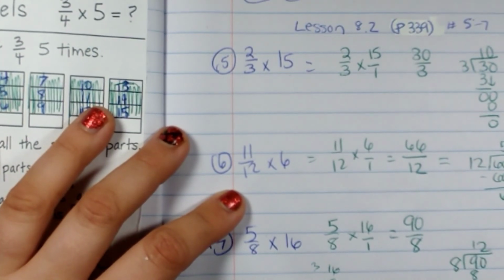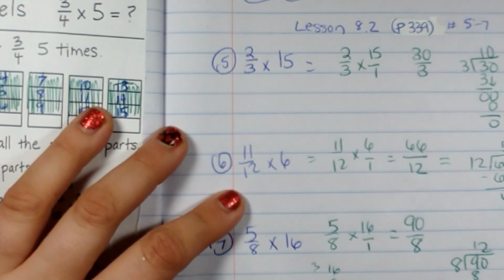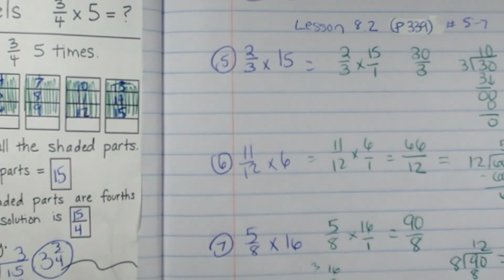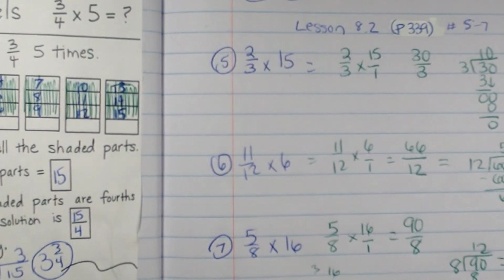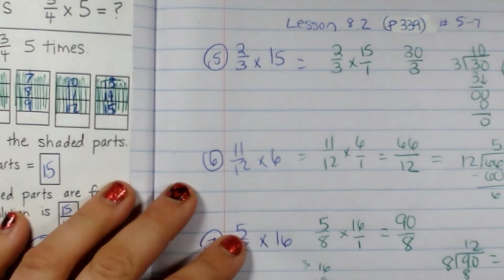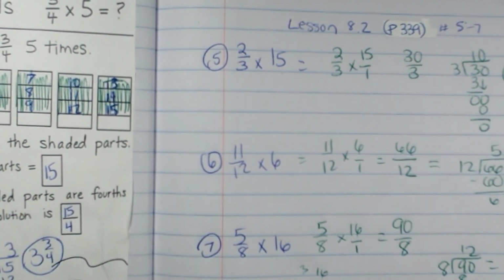Now I'm going to see if I need to simplify. It is not 1/2. I can put 2 into 8 evenly. So my answer would be 12 1/4 when simplified. And that is how you multiply fractions by whole numbers.